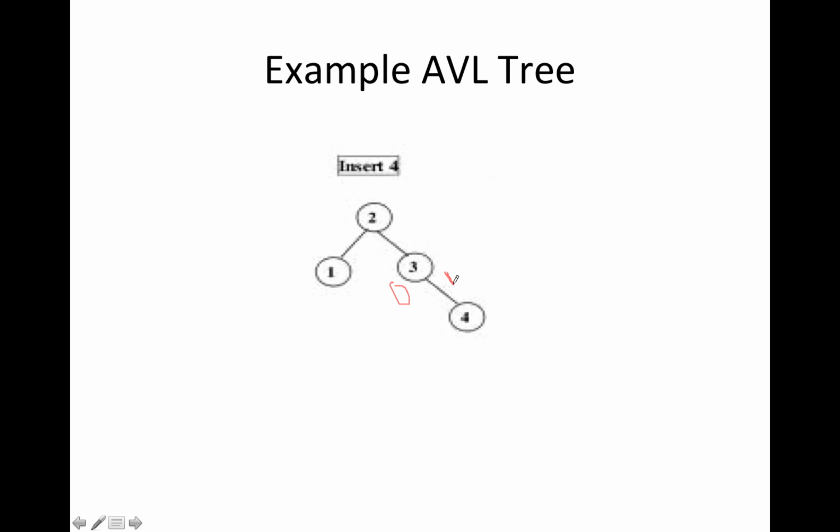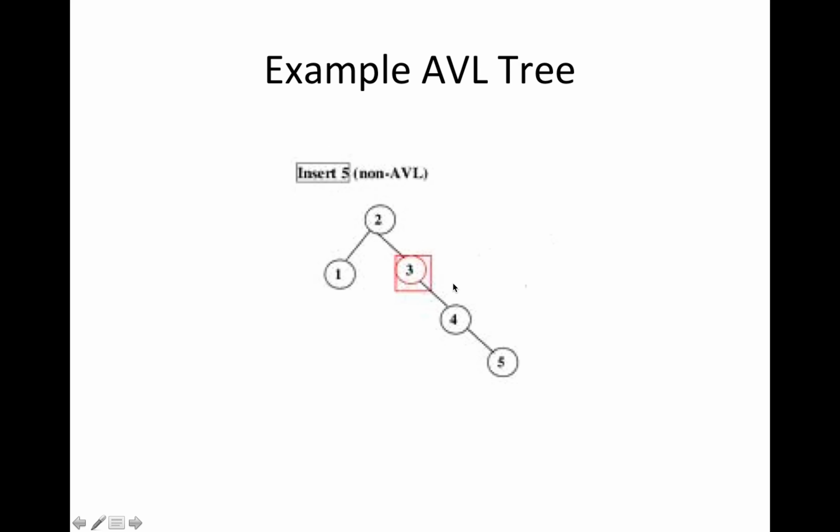The difference in the height is not greater than or equal to 2. So now let us say I would like to insert a new node. Now the tree is unbalanced because for this node 3 here, the right subtree is of height 2 while the left subtree is of height 0. So this tree is now unbalanced.